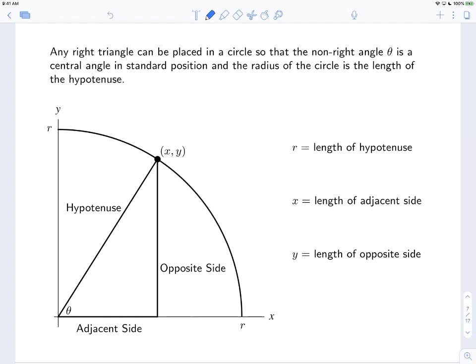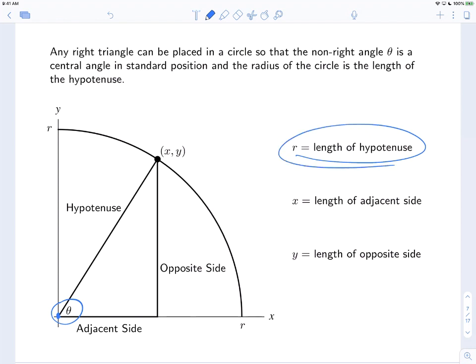Any right triangle can be placed in a circle so that the non-right angle theta is a central angle in standard position, and the radius of the circle is the length of the hypotenuse. So you can think about this in terms of a construction by placing the center of the circle at the angle theta and just drawing a circle having radius r, where r is the length of the hypotenuse.